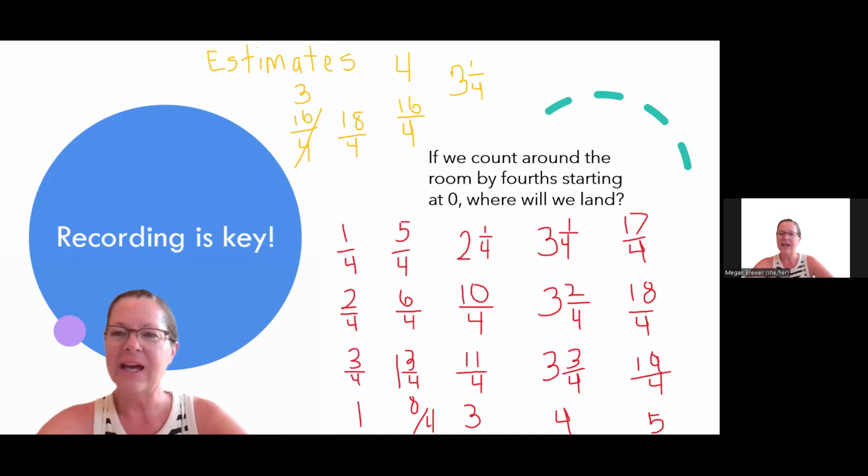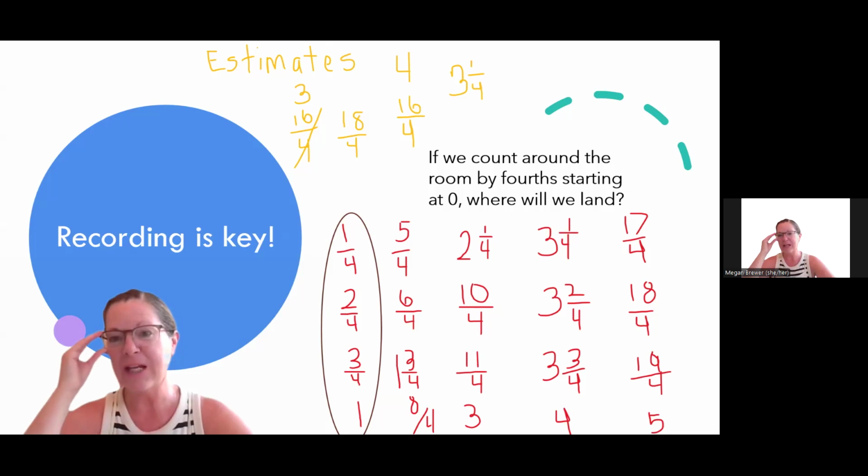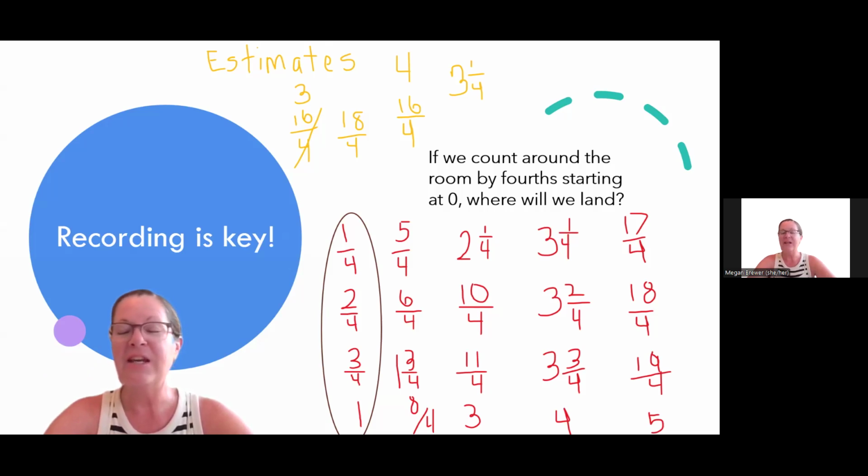So what is highlighted based on how the teacher recorded counting by fourths? Did you notice that each column is 4/4? So that was intentional. Did you notice that some students said the number as a mixed number and others did not? And that will really happen.